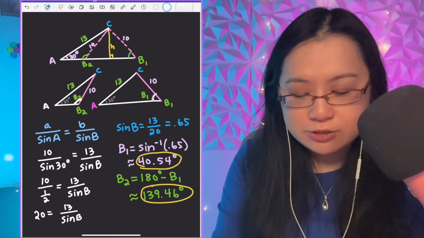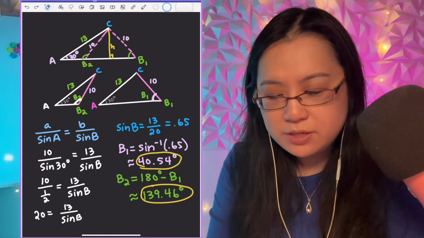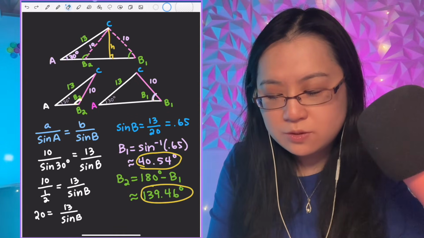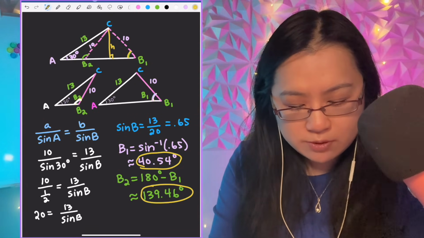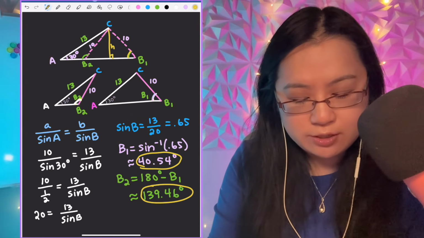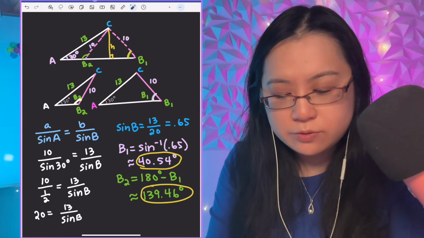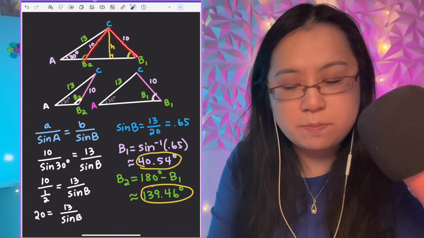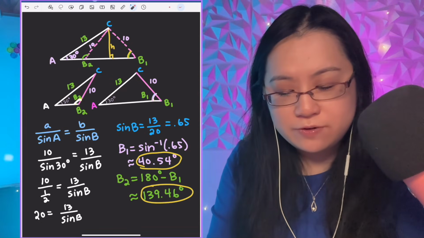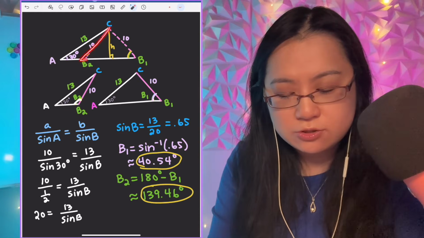So geometrically, I already got that B1 equals 40.54 degrees, right? So if I were to look at this triangle, right, because we considered this pivot before. So if I move this 10 over to here, I form this triangle.